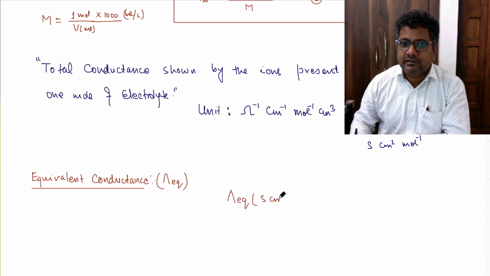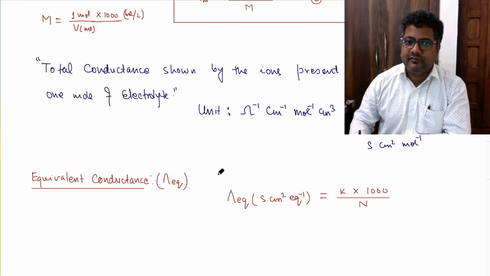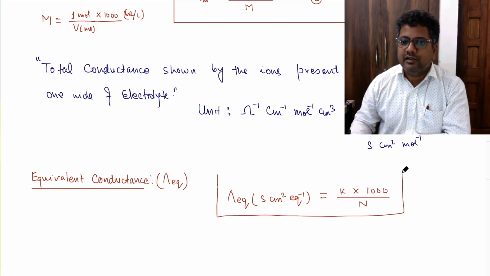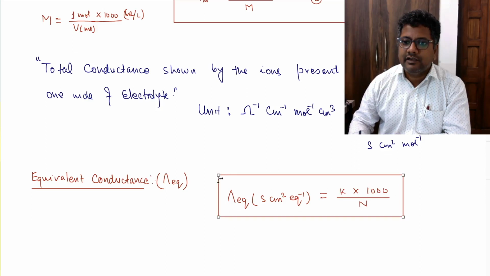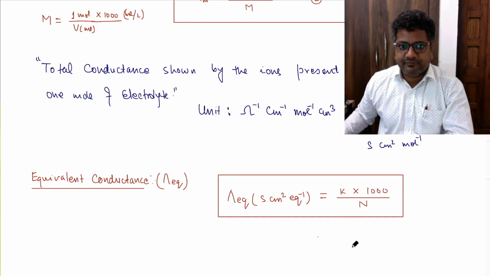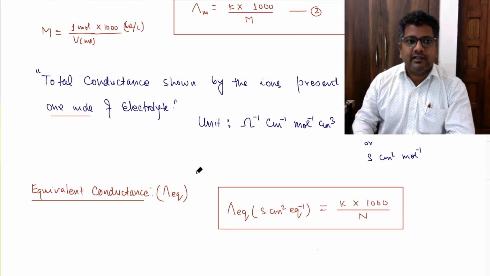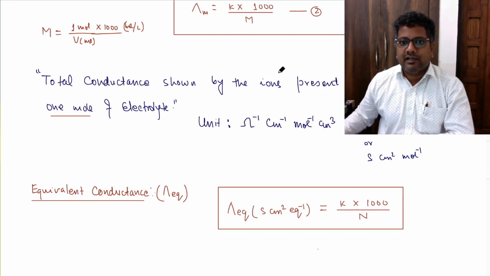Siemens centimeter square per equivalent is equal to kappa into 1000 divided by normality. Just change molarity with normality and get the equivalent conductance, right? Here, in place of 1 mole, it is 1 equivalent.